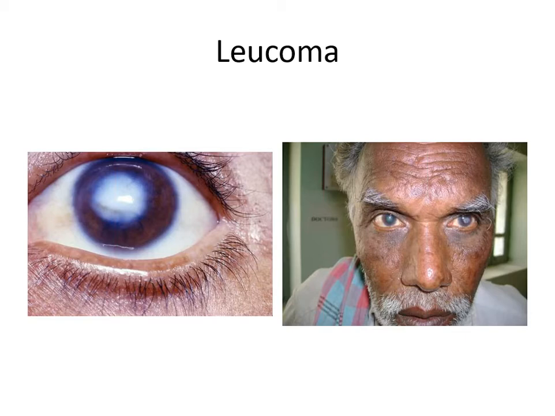Whereas in leucomatous opacity or any other type of opacity, the eye will be quiet and there won't be any photophobia or redness. And the differentiating point is when you stain the cornea, the opacity will not take the stain, whereas when you stain the ulcer with 2% fluorescein sodium, the stroma will take green color. You can delineate the ulcer by 2% fluorescein sodium, a biostaining of the cornea.